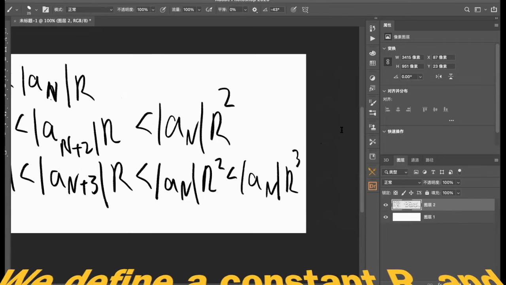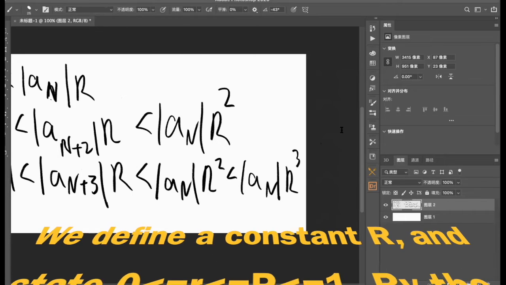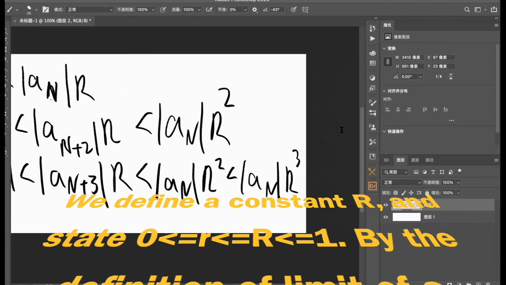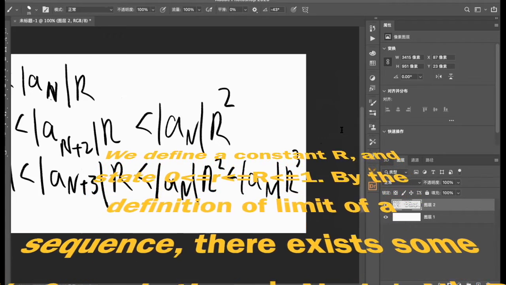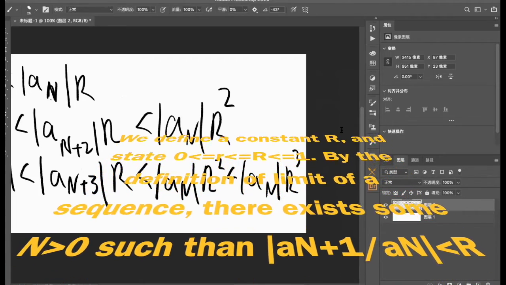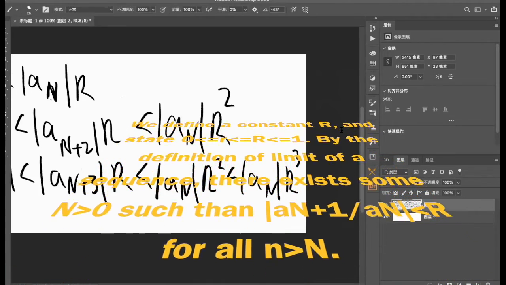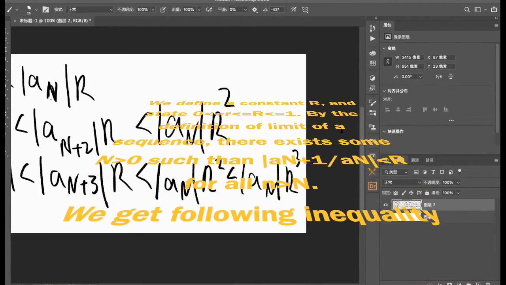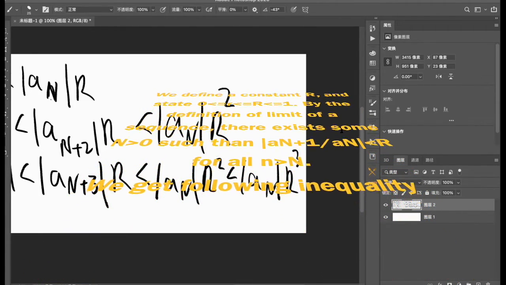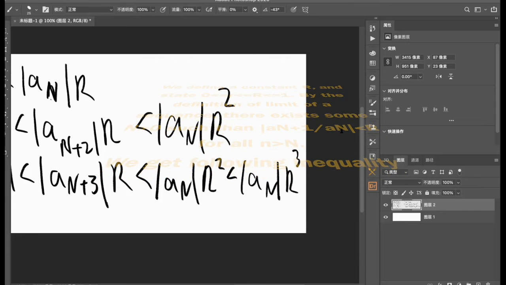So by the statement we stated before, r was bigger than 0 and smaller than 1. By the definition of the limit of a sequence, there will be an N bigger than 0 such that an plus 1 over an was smaller than R for all n bigger than big N, and we can write those inequalities.